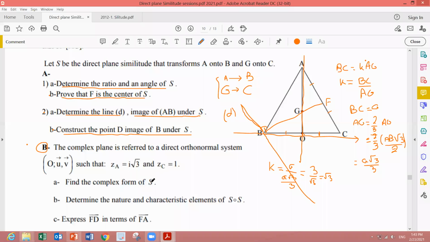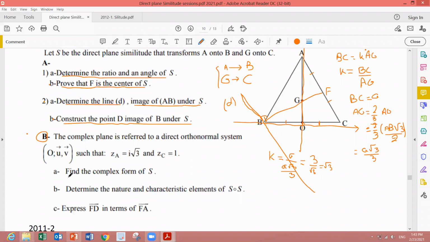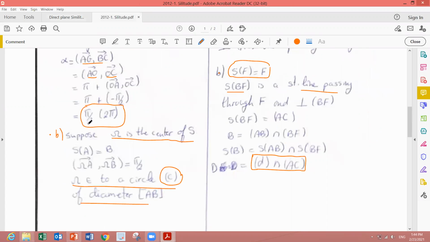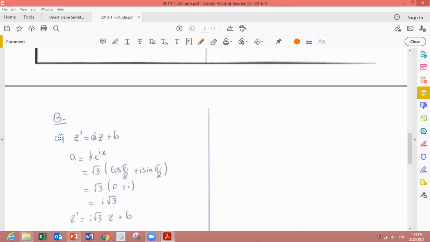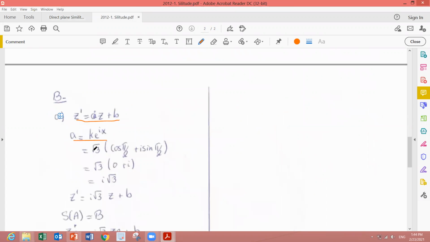Find the complex form of S. The complex form is Z prime equals AZ plus B. So part B, Z prime equals AZ plus B, where A equals k e to the i alpha. The k is radical 3.